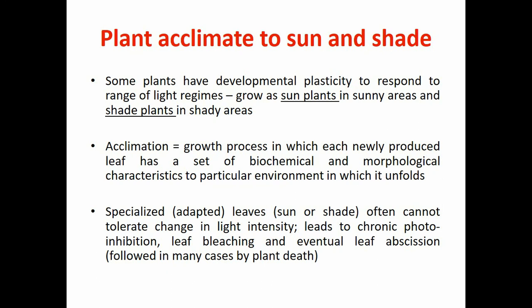So with plasticity, we can still change back and forth. Our genotype allows us to change the morphology back and forth. If we are specialized for sun, it doesn't matter if I put you in shade, you're not going to grow. If you specialize for shade, I put you in sun, you're not going to grow. Okay.